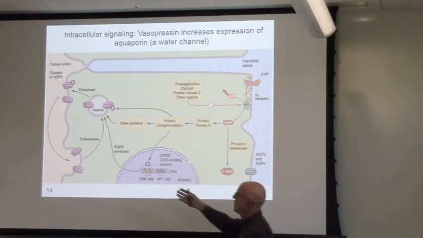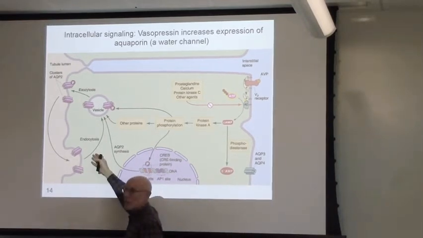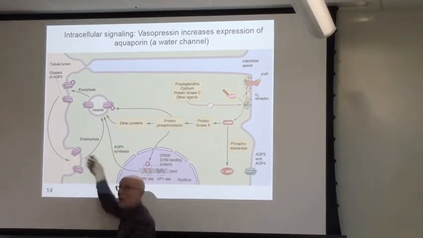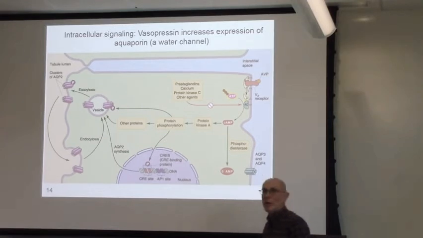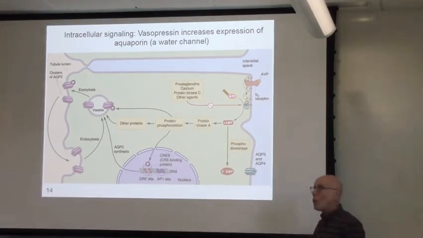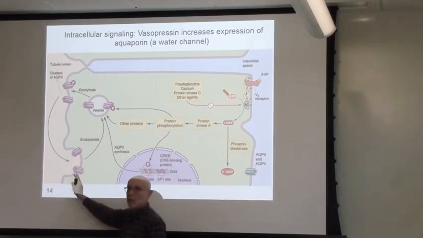Clathrin-coated pits, not shown here, but that's how these vesicles would get endocytosed, decreasing the water permeability in the apical membrane. So you drink a ton of water, vasopressin goes down, this system gets shut off, endocytosis gets turned on, and we decrease the water permeability, we produce a dilute urine.